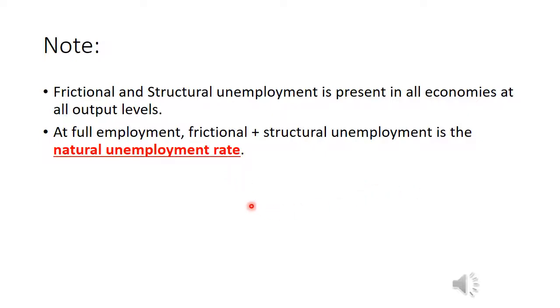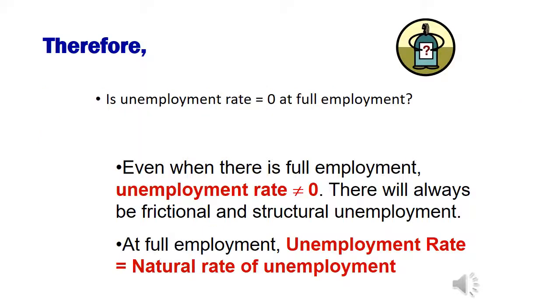It's natural, it must be there. Therefore, your unemployment rate can never be zero, because there will always be frictional and structural unemployment. At full employment, where all your resources are put into use, your unemployment rate at that output level is your natural rate.